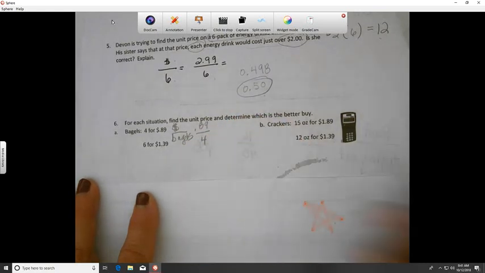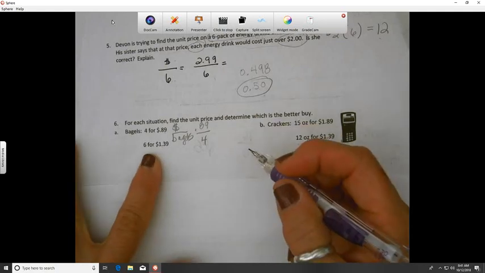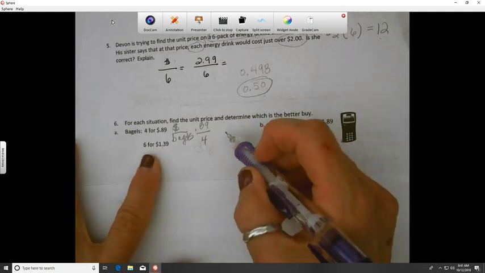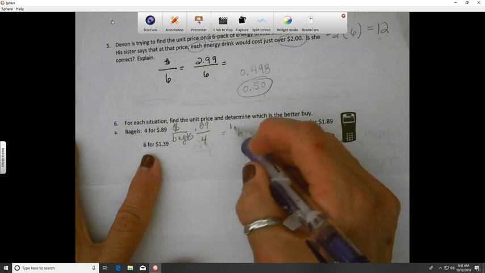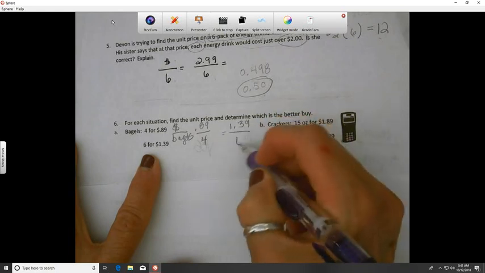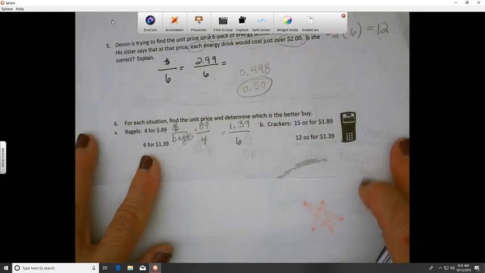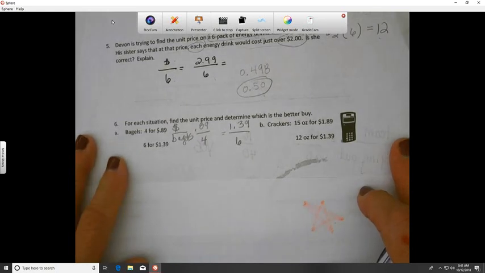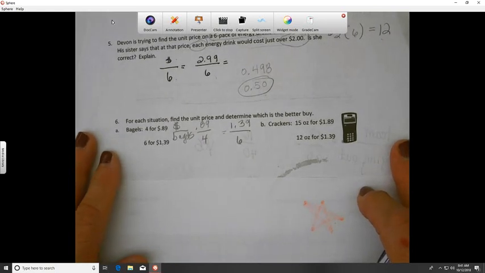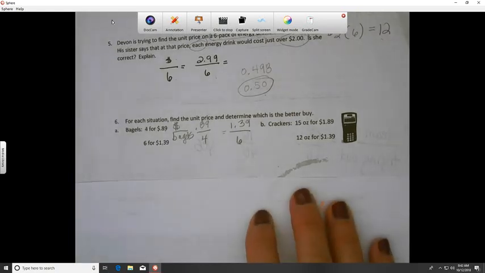And this one would be what? We're doing dollars over bagels, so it would be $1.39 for 6 bagels. You do the math. Who's got the math? Raise your hand. Anybody? Okay, then you should be putting that in your calculator right now. 89 cents divided by 4.